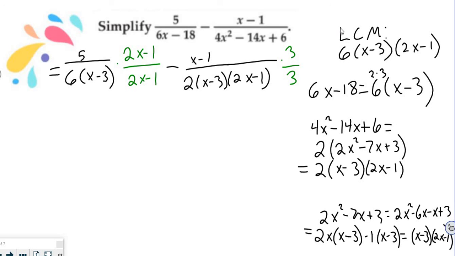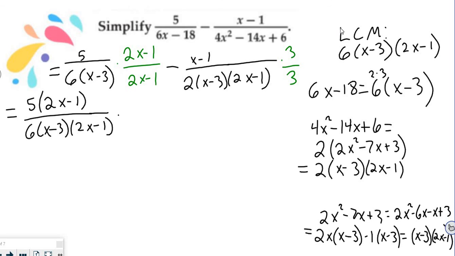We don't have to multiply by any x's. So then we have 5 times 2x minus 1 divided by 6 times x minus 3 times 2x minus 1. This time we're subtracting. Be careful with that. And then we have 3 times x minus 1.